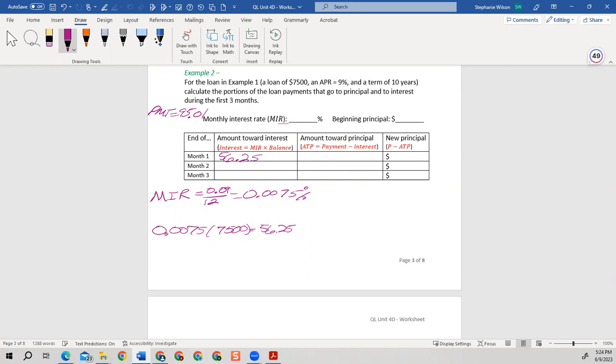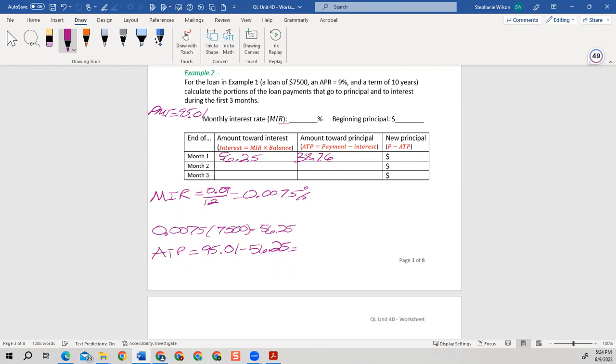Now, to figure out what the ATP is, I'm going to take that $95.01 and subtract that interest of 56.25, and now I get 38.76. That's going towards the principal, right?